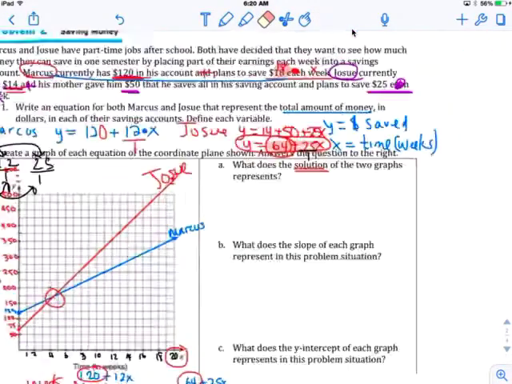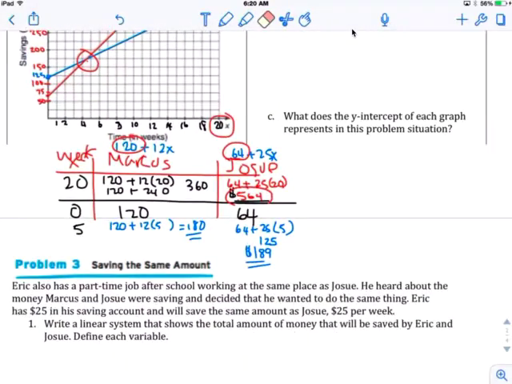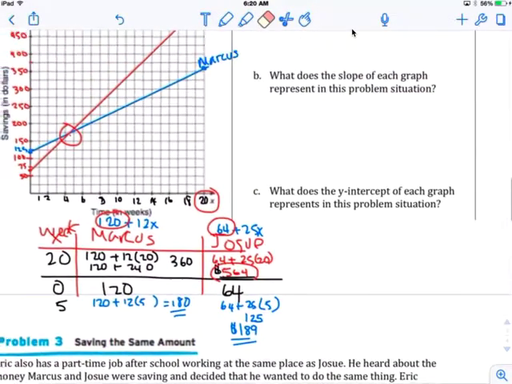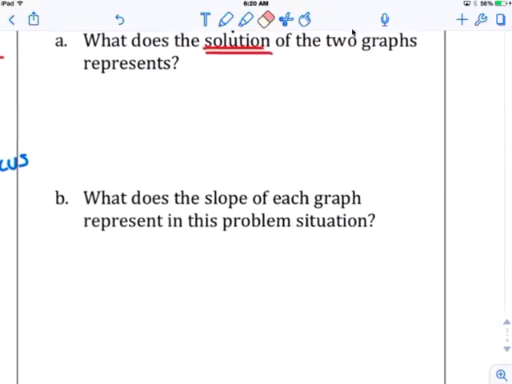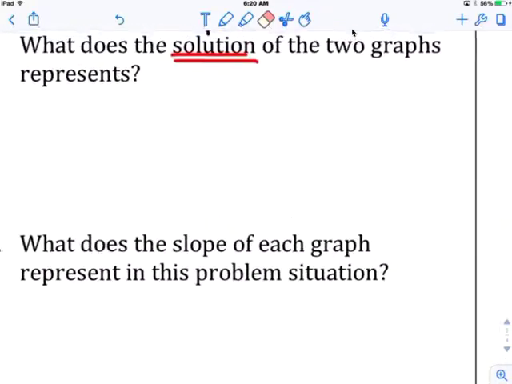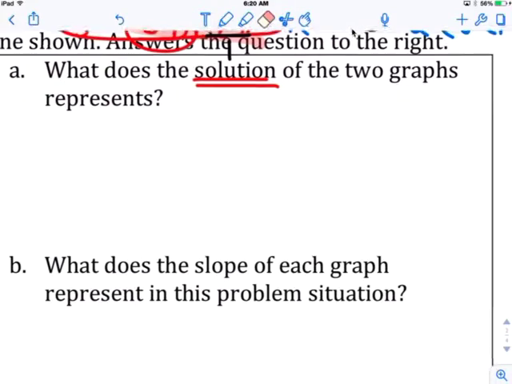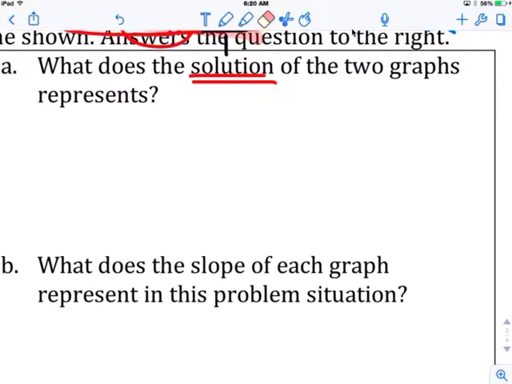So they're going to have the same amount at almost 5 weeks. 4 to 5 weeks, somewhere around there, not exact. Certain days, a decimal too.